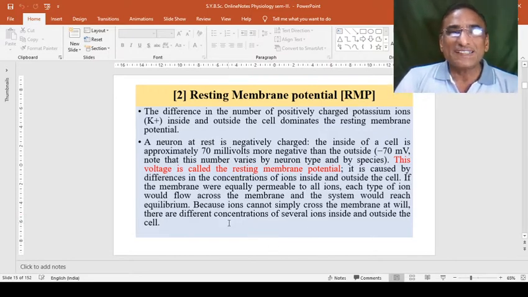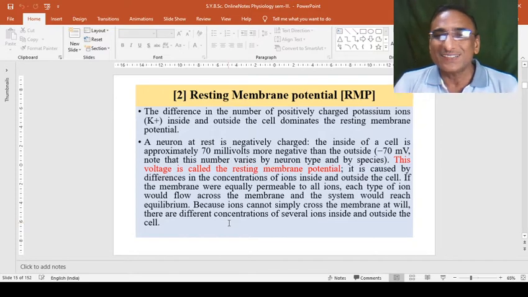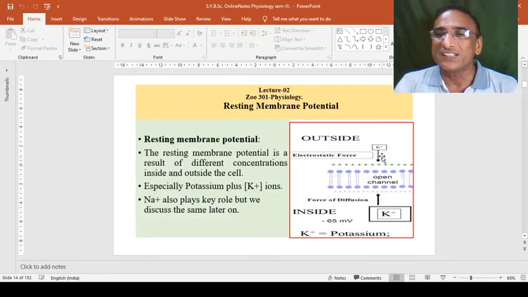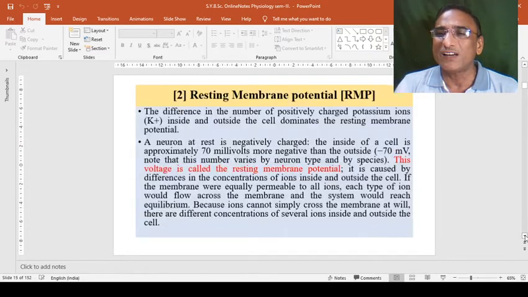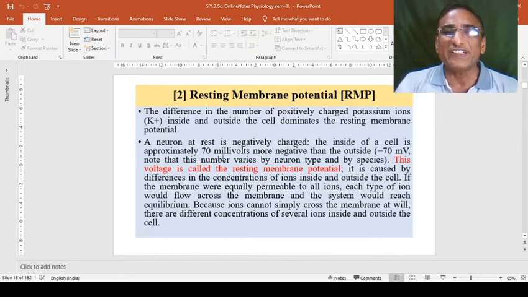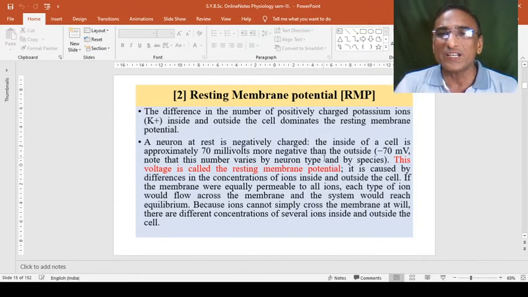Furthermore, we will see that a neuron at rest is negatively charged. Whenever there is no activity, it is mostly negatively charged. In the first slide we have seen that it is negatively charged when the cell or its membrane is in a resting position. The inside of the cell is approximately minus 70 millivolts at rest, more negative than the outside.